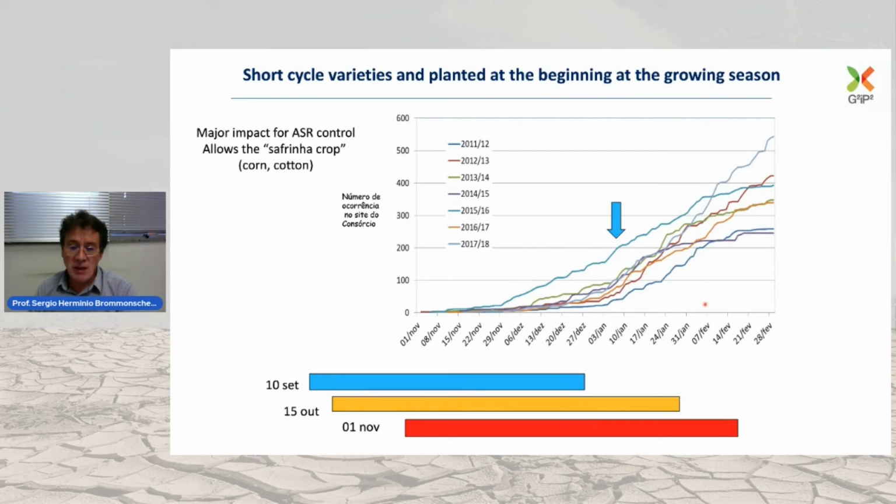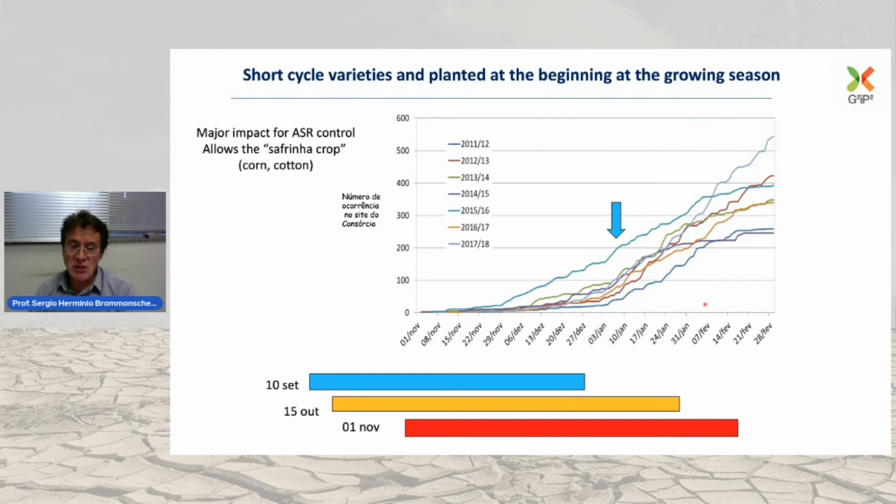In many of the places, the farmers grow corn or cotton after soybean. So if they plant soybean early, in September, short cycle soybean, they can harvest soybean at the beginning of January, and after this they can plant corn or cotton and have a second crop.